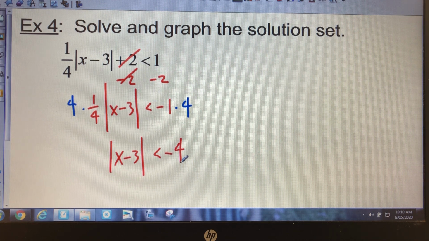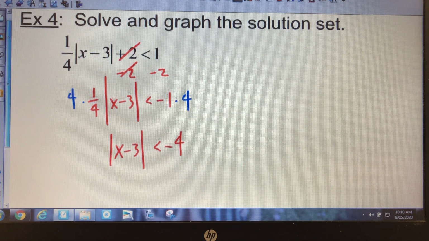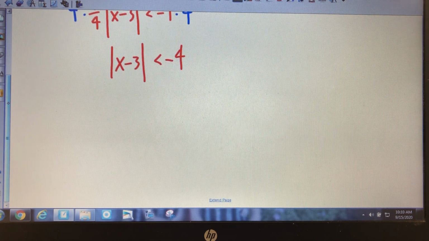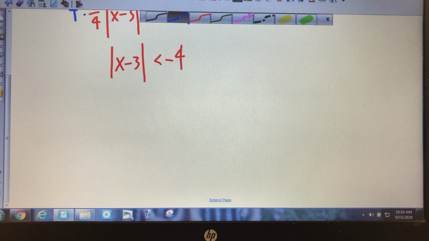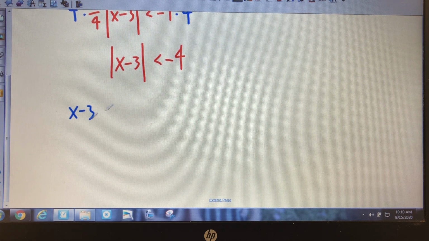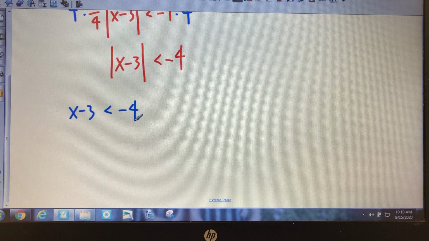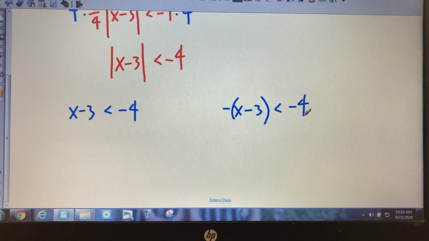Okay, so the absolute value of x minus 3 is less than -4. So now we can set up our 2 parts. So x minus 3 is less than -4. And then the opposite of x minus 3 is less than -4. So there's your 2 parts. The key word is going to be and.